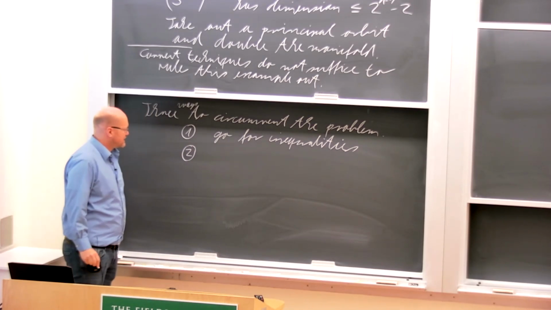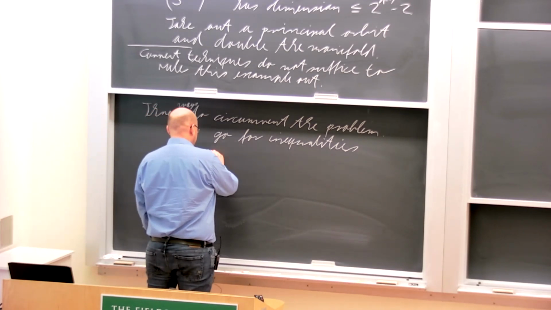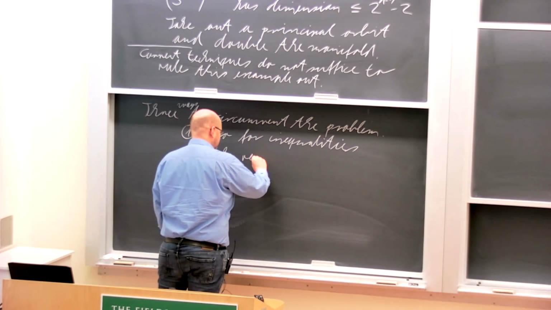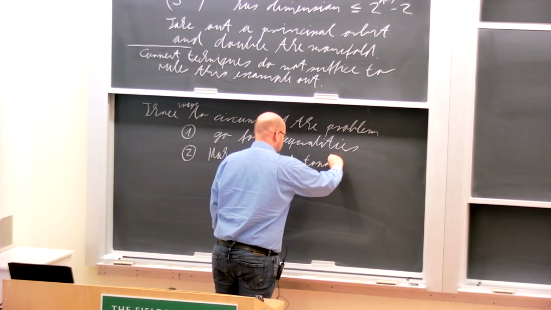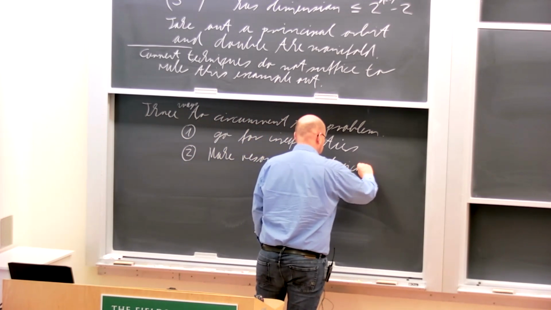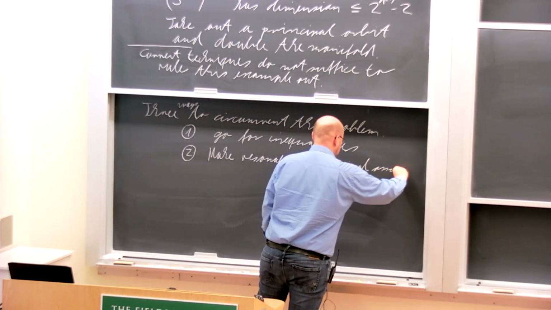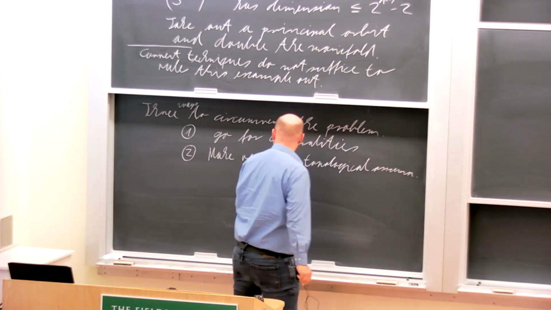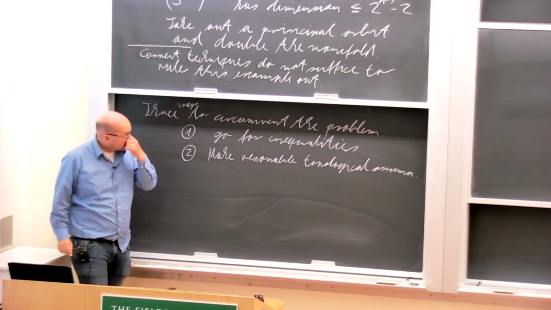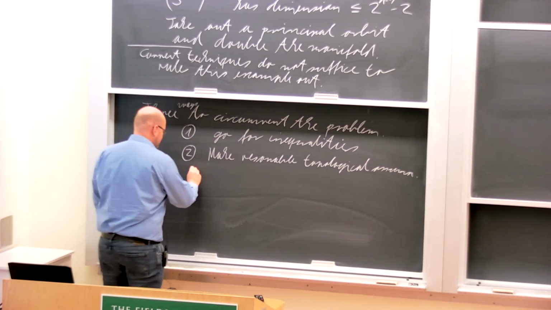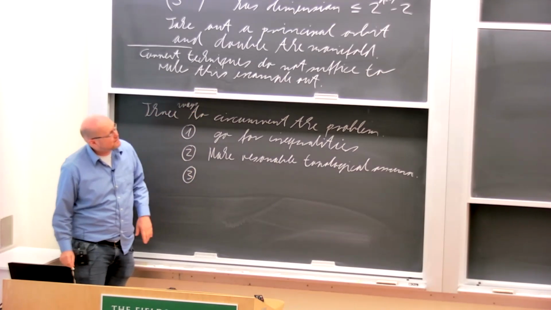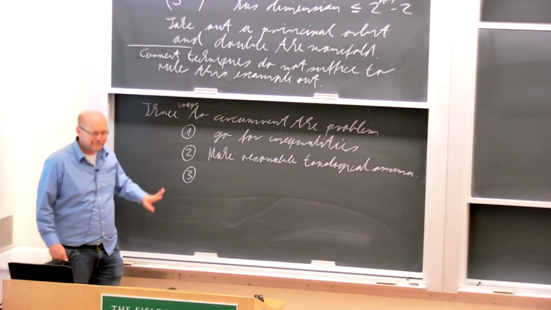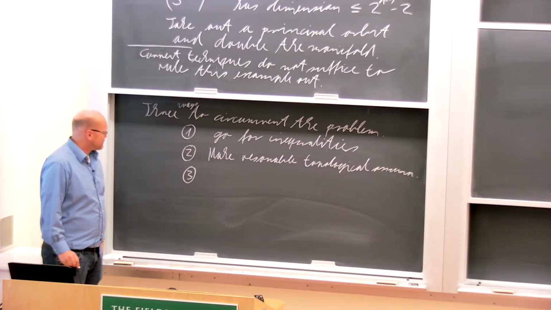The second would be to make reasonable topological assumptions on top of symmetry assumptions that rule this out. The third, and that's what I'm mostly talking about today, is just make the symmetry degree 1 higher, then this problem goes away, right?